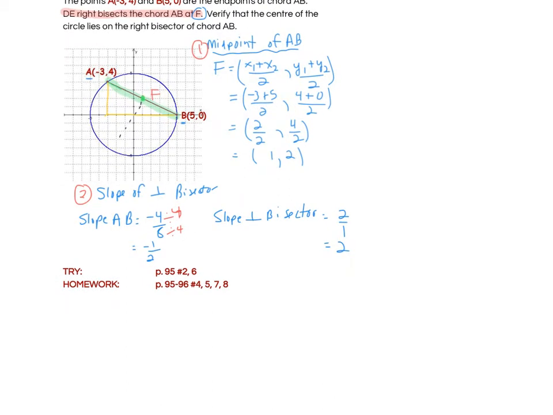I'm going to call this step number 3, where I'm finding the equation of my right bisector.